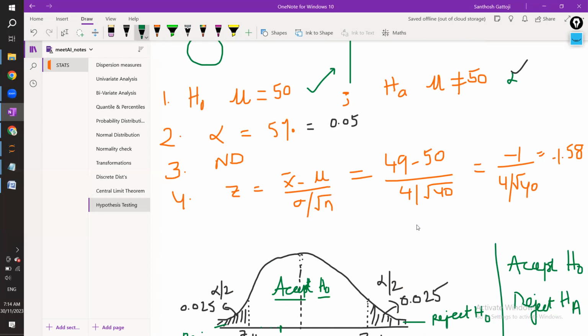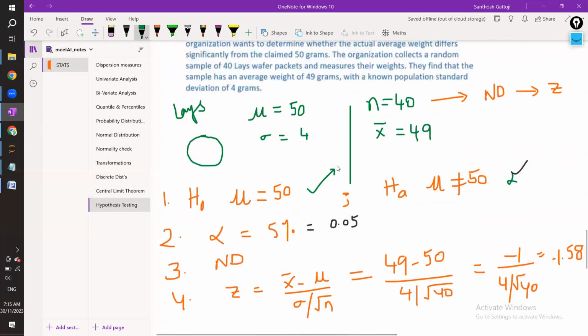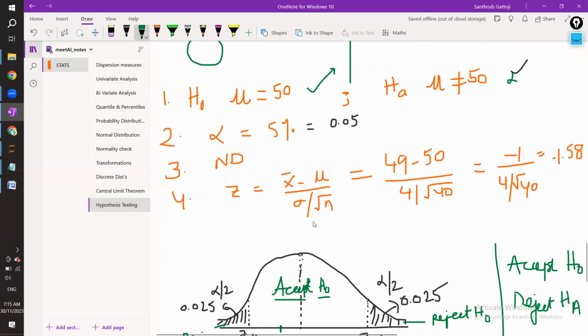Okay, fine. So this is one more example of how you can work on the two-tail test case. Let me just focus on this formula. What happens if the number of samples increases, guys? If the number of samples increases, then this value increases. If this value increases, the overall denominator value decreases.